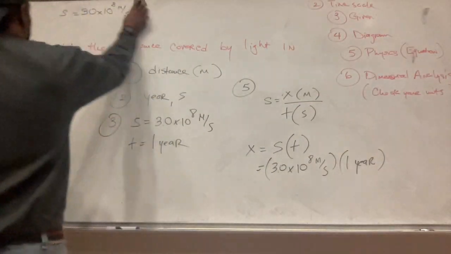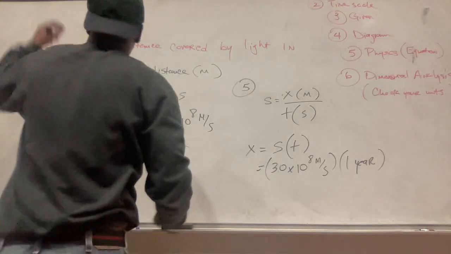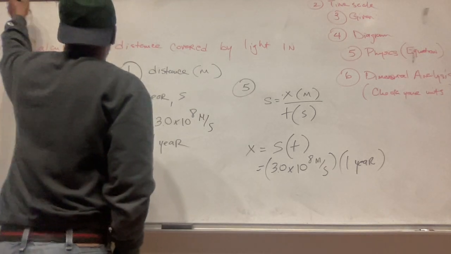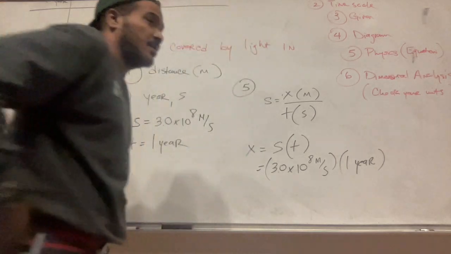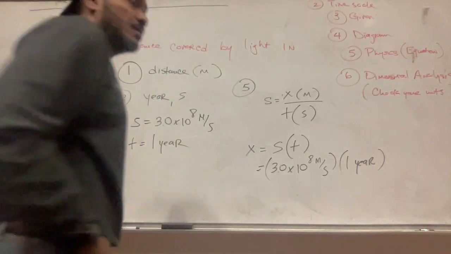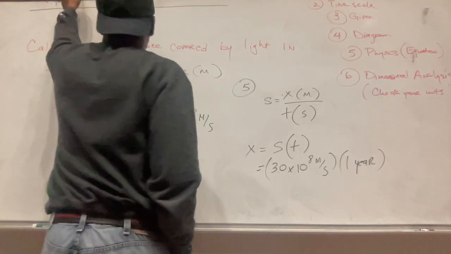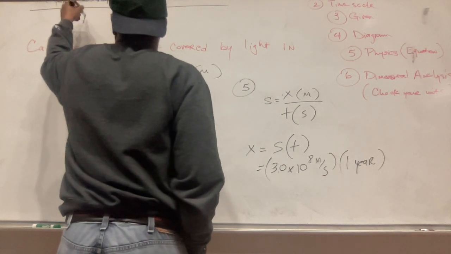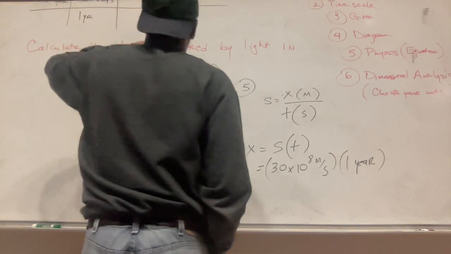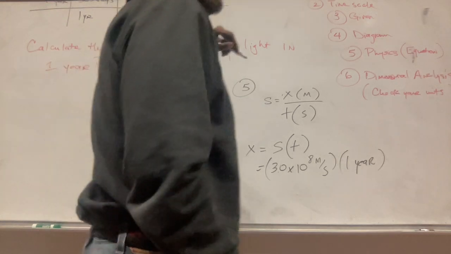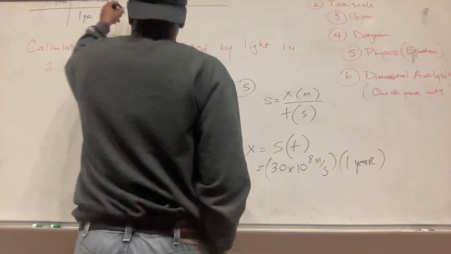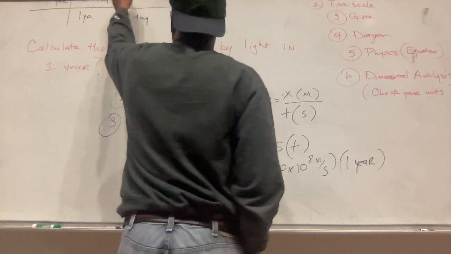Let's do it up here. 1 year. What is it? I'm listening. 365 days. 1 year. 1 day is 24 hours.